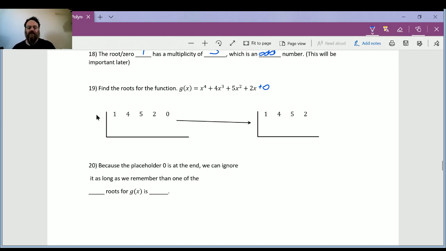Now, if the placeholder is at the end, go ahead and just do 0 first. So we know that 0 is going to be one of our 4 zeros. Okay, we just need to remember that one of the 4 roots happens to be 0.